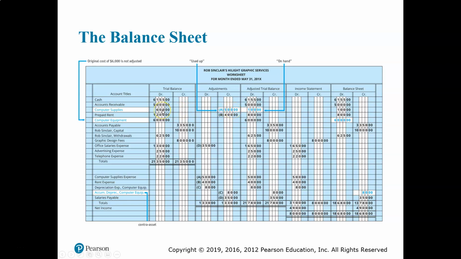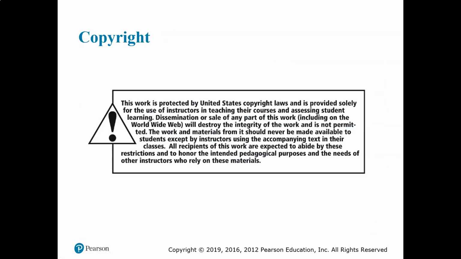You'd have your beginning balance, and if they're giving you the balance at the end of the month, you have to say 600 minus 100 is 500. So it's just important to keep this in mind when you're looking at these types of things. Okay, and that concludes that learning objective.